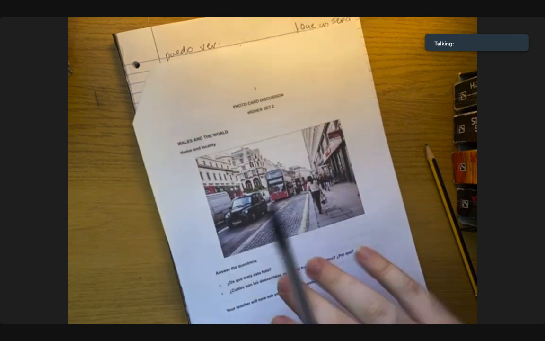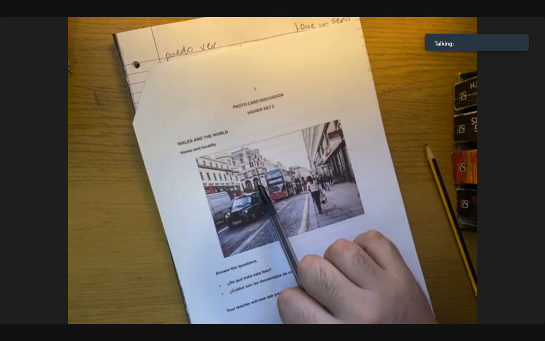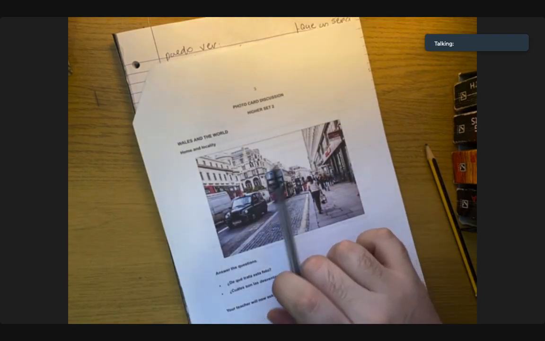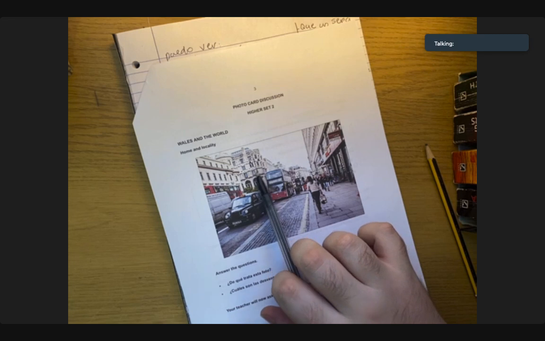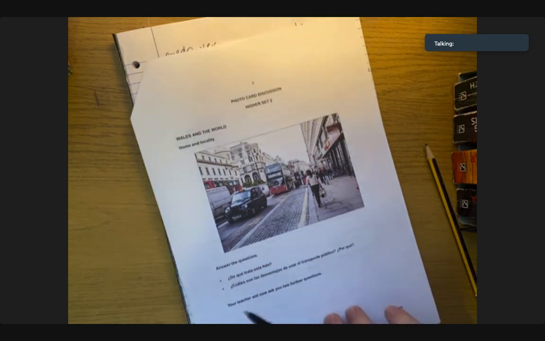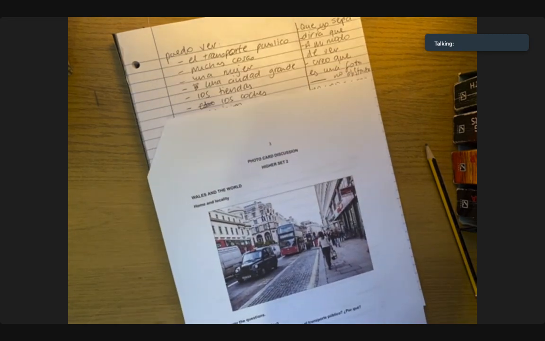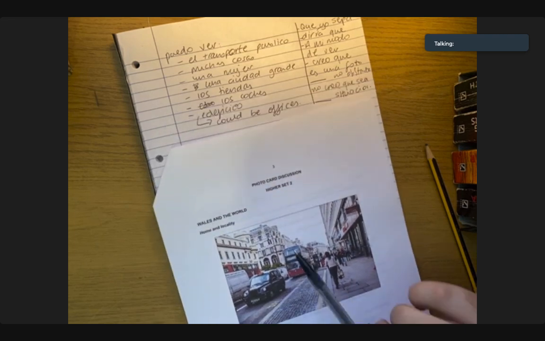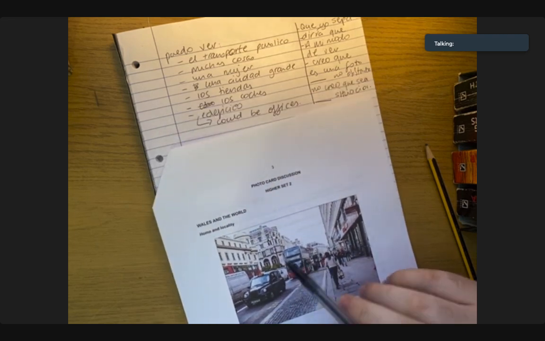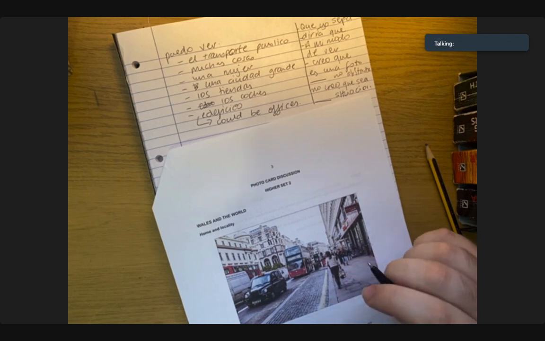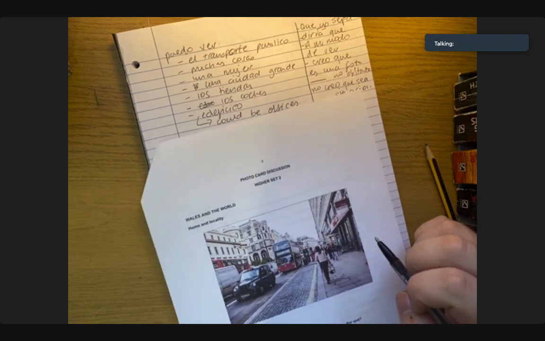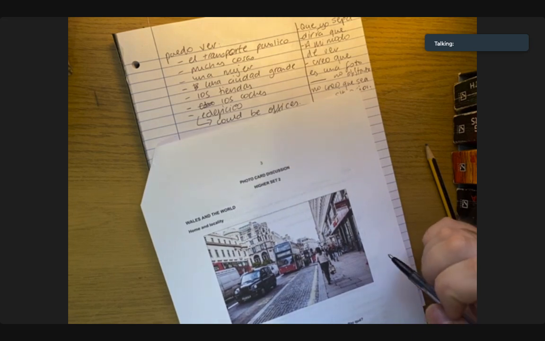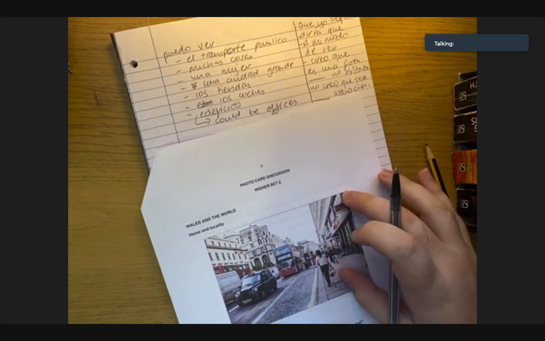Y detrás de autobús, so behind the bus, puedo ver los edificios y podrían ser los oficinas, so they could be offices. Creo que es una foto interesante, no obstante, no creo que sea una situación inusual. So what I've said there is, I think it's an interesting photo, but I don't think it's an unusual situation, and that would have been really good.